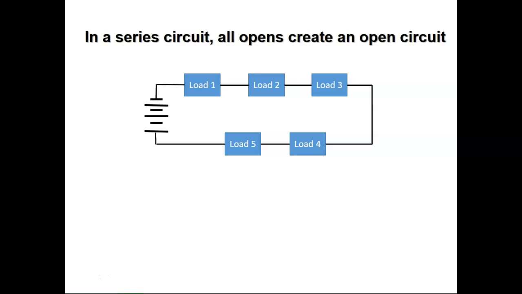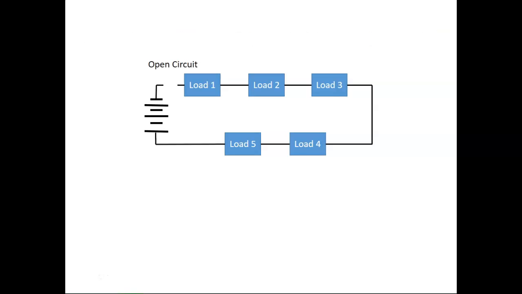All right, so in a series circuit, all opens create an open circuit. Okay, and there's a reason I'm saying that's for a series circuit only. So an open circuit means that nothing's coming on.